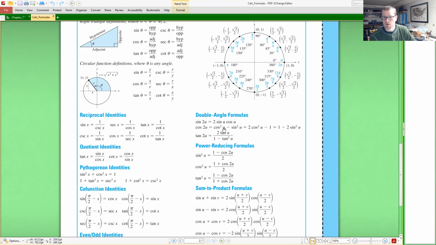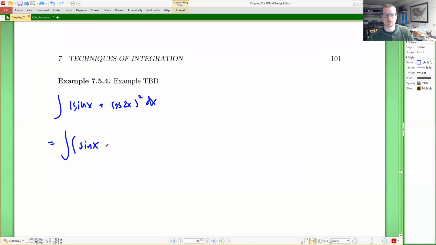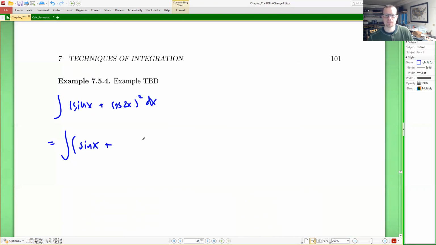You could choose any one of these 3 variations of cosine of 2x. So you might use 1 minus 2 sine squared x. So you might make the simplification of sine x plus cosine of 2x is, what did we say that was? I forget quickly. 1 minus 2 sine squared x.